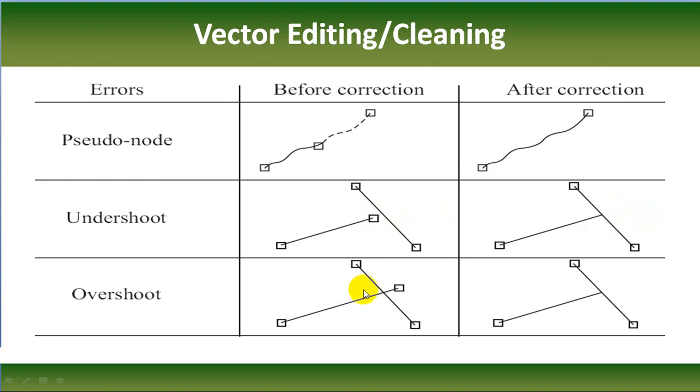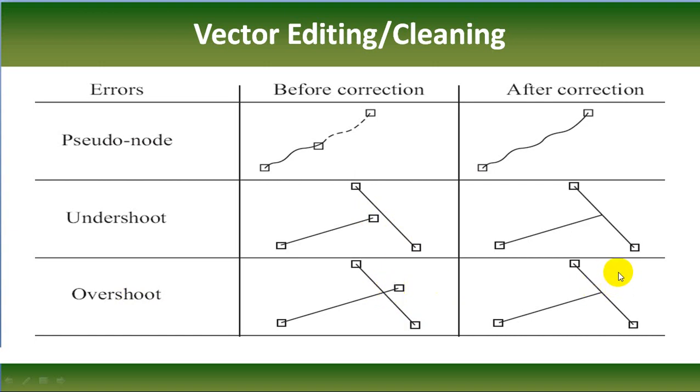In the same way, when a GIS user prepares line vector data, this line should stop here, but the user extended it a little bit. This extended part is called overshoot. If you find such an overshoot, it should be trimmed, it should be cut down.